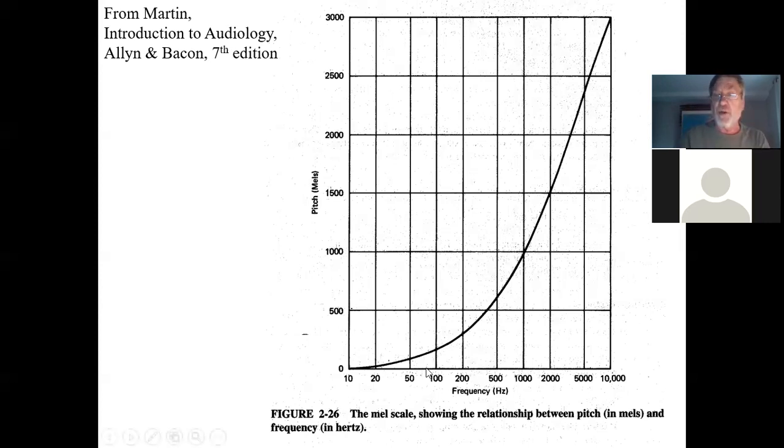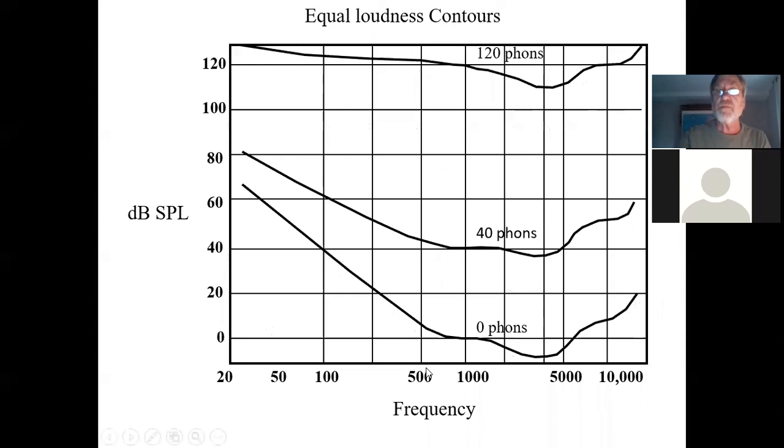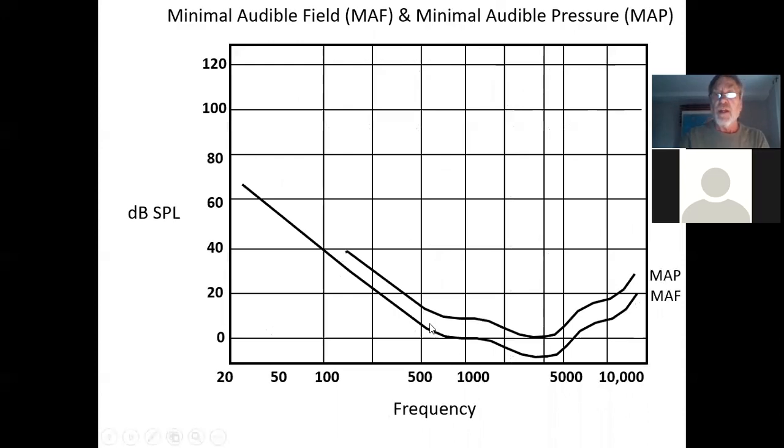In other words, if I go to here, and 0 dB at 500 hertz is actually about 17, maybe 15. And 0 dB at 250 hertz is actually about 30. And 0 dB at 125 hertz is actually about 40.